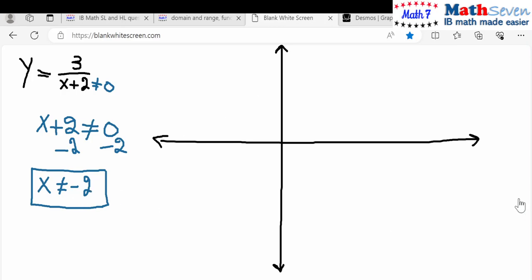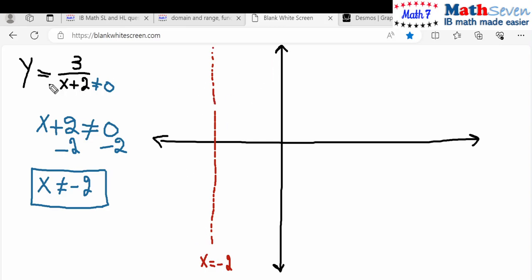So I'm going to use the red, symbolizing, for example, the electrical line, and I'm going to try to make a straight line at x equals minus 2. That means draw the graph anywhere but never get close to or touch this region.